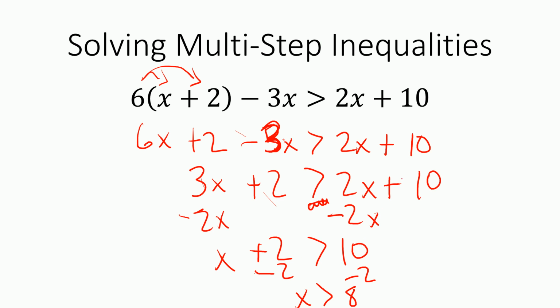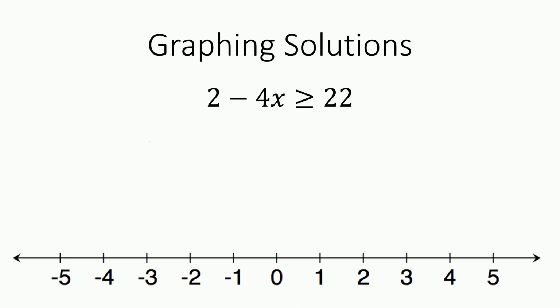Okay. So an additional thing that we do with inequalities and equations for that matter is we will graph solutions on a number line down here. So we're going to solve this inequality and then graph the solution down here on this number line. So I'm going to do my normal solving, subtract 2 from both sides, negative 4x greater than or equal to 20.